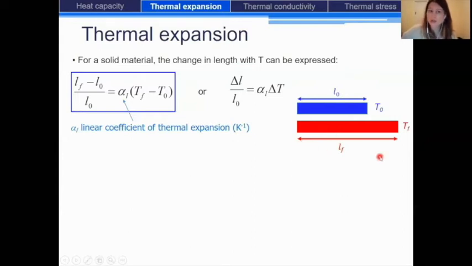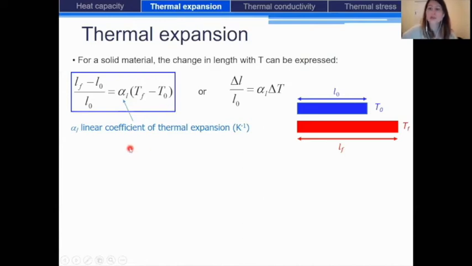In order to quantify this change in length with the temperature, we use this equation. We have the variation of the length of the material divided by the initial length, which is equal to alpha L, the linear coefficient of thermal expansion, times the difference of temperature between the final temperature and the initial temperature.